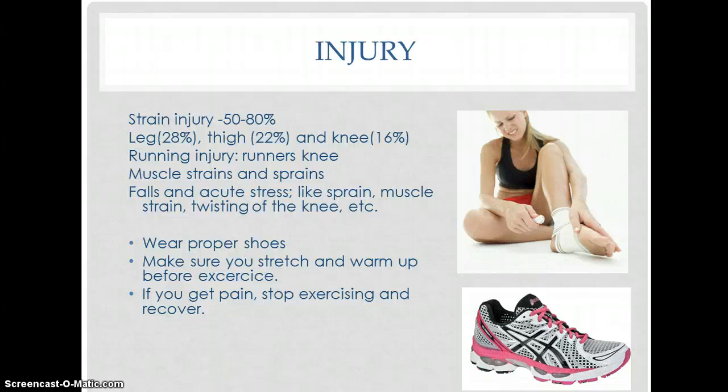Muscle strains and sprains, faults and acute stress like sprain, muscle strain and twisting of the knee are also some of the injuries in athletics. To not get injured, you have to wear proper shoes and make sure you stretch and warm up before exercise. And if you get pain, stop exercising and recover instead.